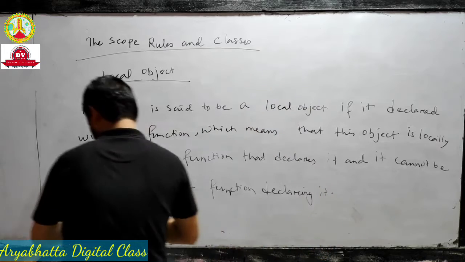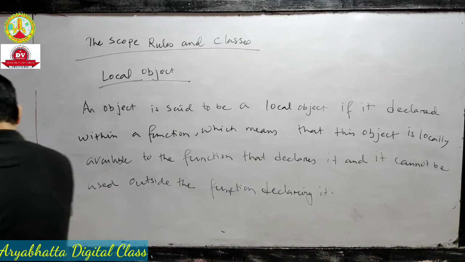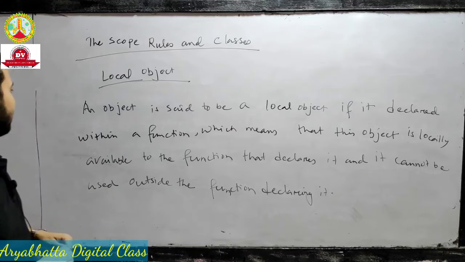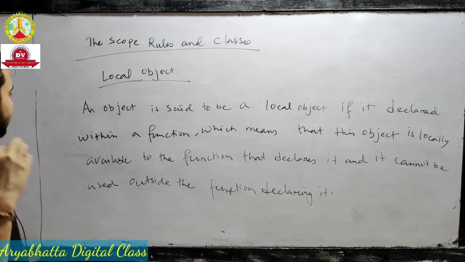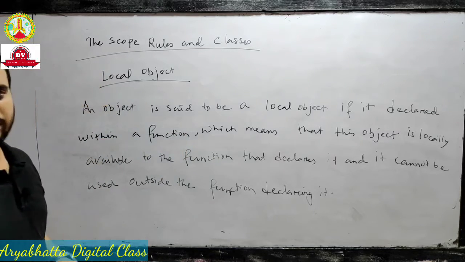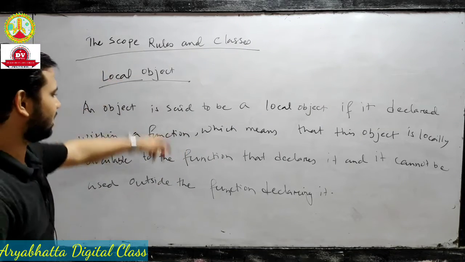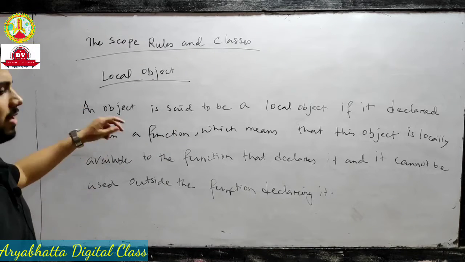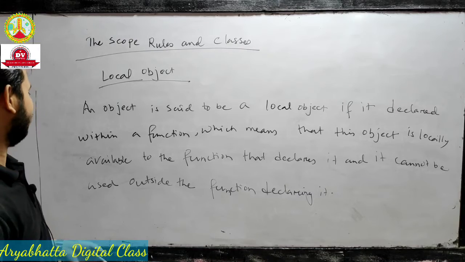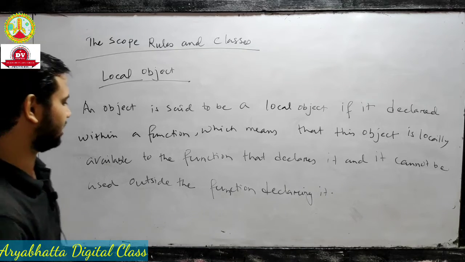Okay, what is a local object? A local object is declared within a function, meaning under the main function, similar to a local class. The object is locally available, meaning under the main function, to the function that declares it, and it cannot be used outside the function declaring it.